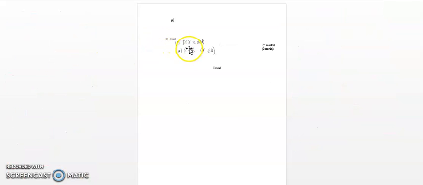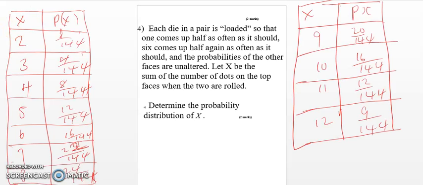We are to evaluate the probability of x when x is odd. Like I mentioned in the previous video, to find the probability when x is odd, we simply take the probabilities of the odd numbers.